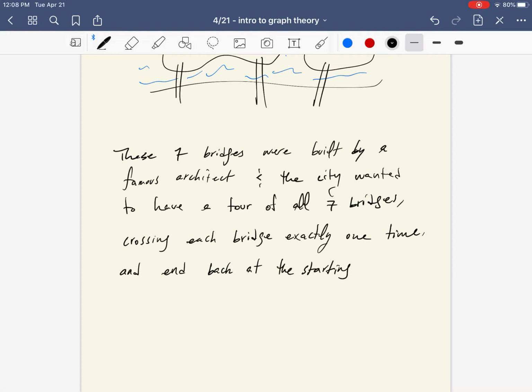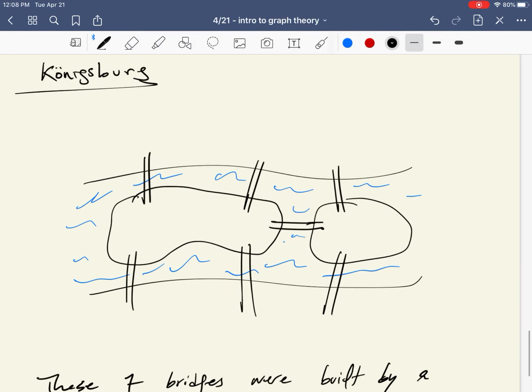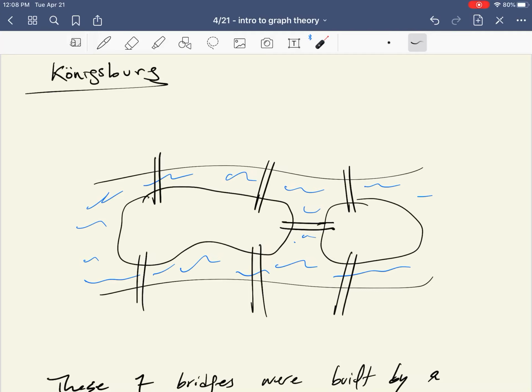If you start the tour at one place, you expect to end the tour at that same place. And this actually really stumped people. They kept on trying to figure out how to do it, and it just didn't quite seem doable.